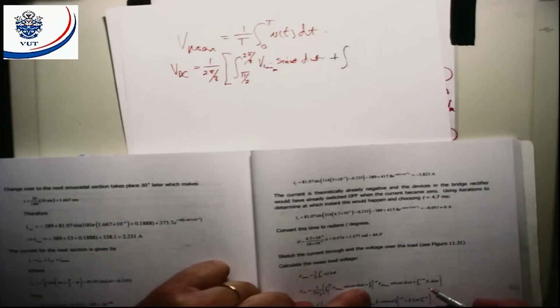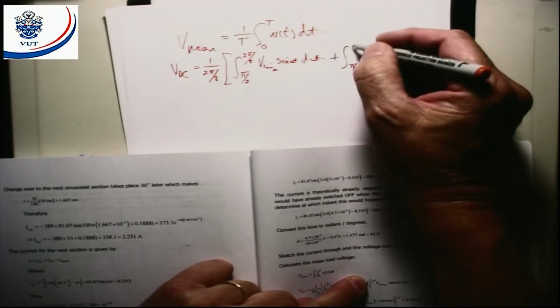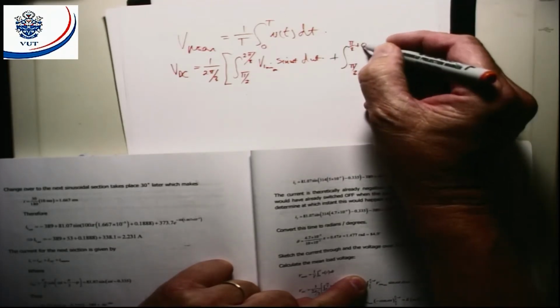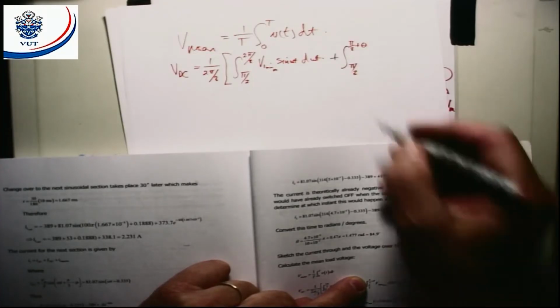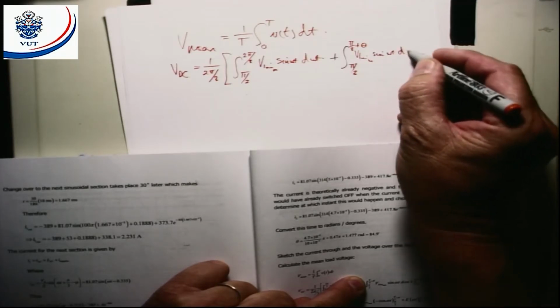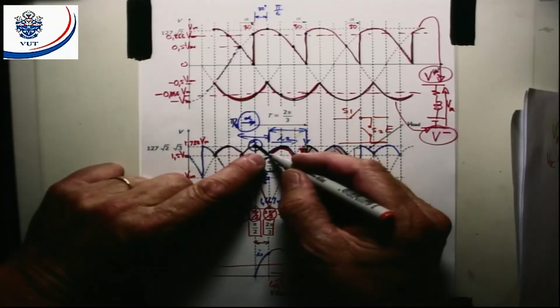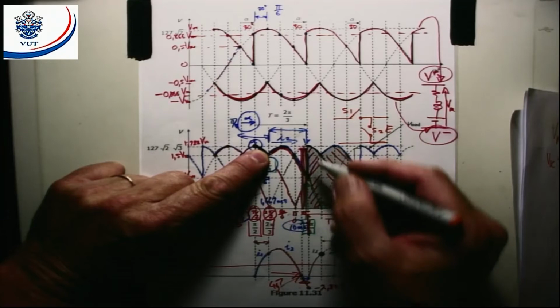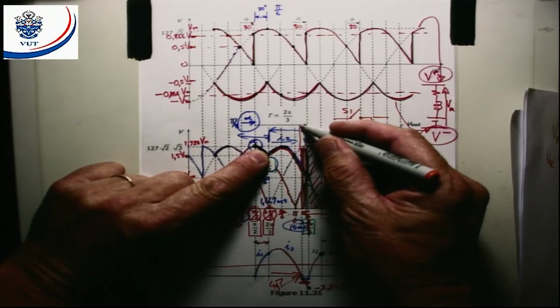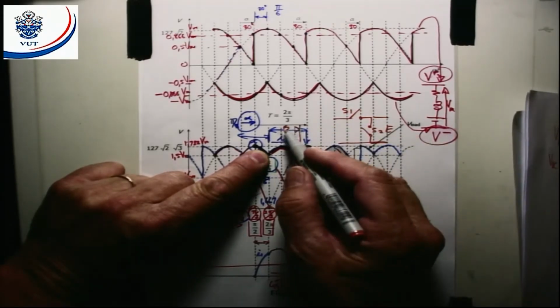Then the next section, I say, starts off at pi over 3 and it carries on to pi over 3 plus theta of V line max sin omega t d omega t. So let's go and look at that section there. I start off here at pi over 3, and then it carries on to this point here, and I've named that section theta.